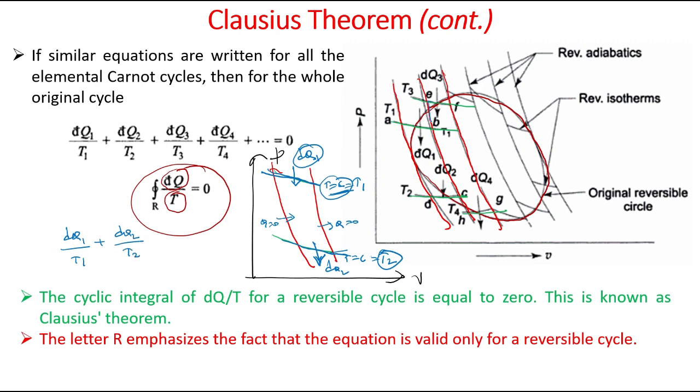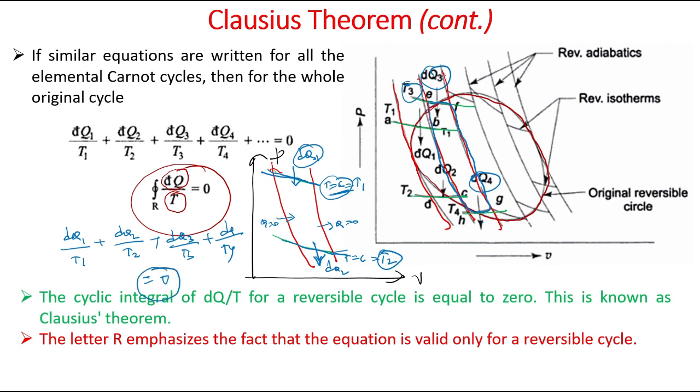Next, consider this cycle. Here dQ3 heat is added at temperature T3, and dQ4 heat is rejected at temperature T4. So we have dQ3 divided by T3, then dQ4 divided by T4. By adding all the dQ by T in a cycle, we get 0.